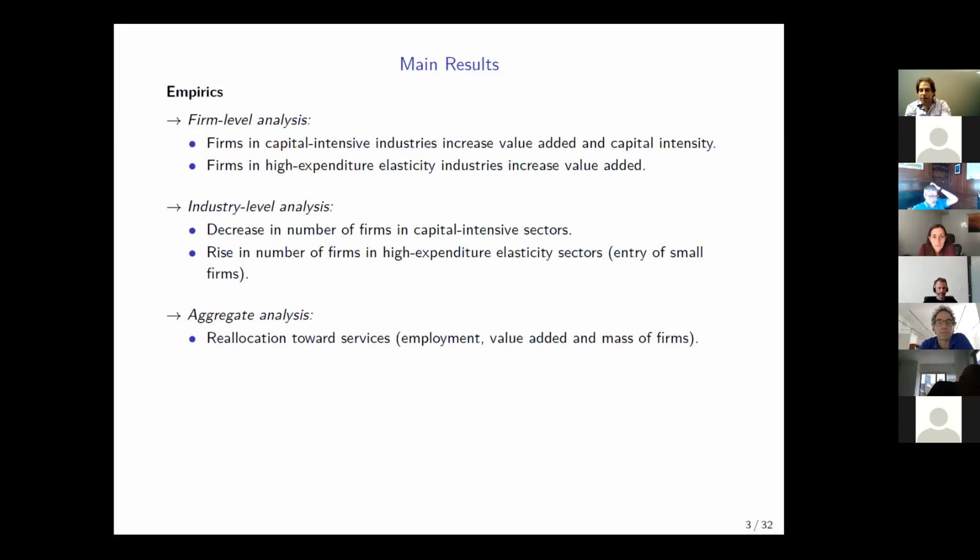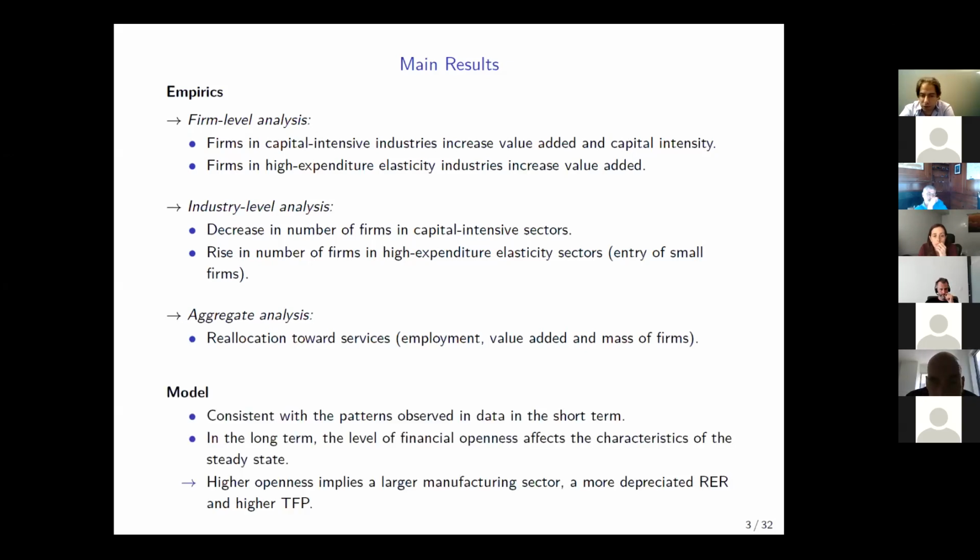Then the final thing that we're going to do in the empirics is aggregate a little bit more, given that the model is going to be a model about services and manufacturing. And I'm going to show you that on aggregate, it seems that the services are benefiting more. So basically, the expenditure channel on impact is more powerful than the cost channel.